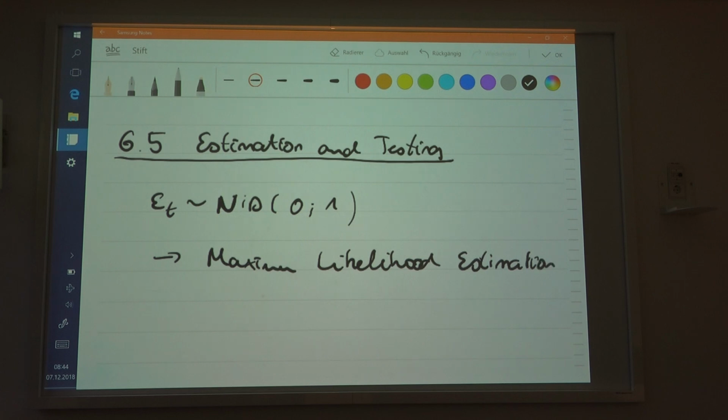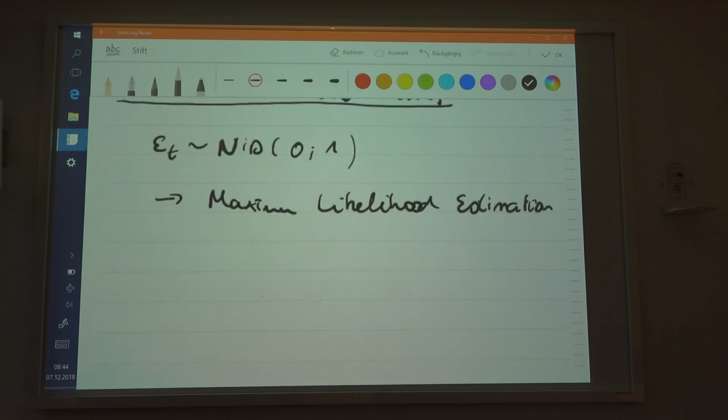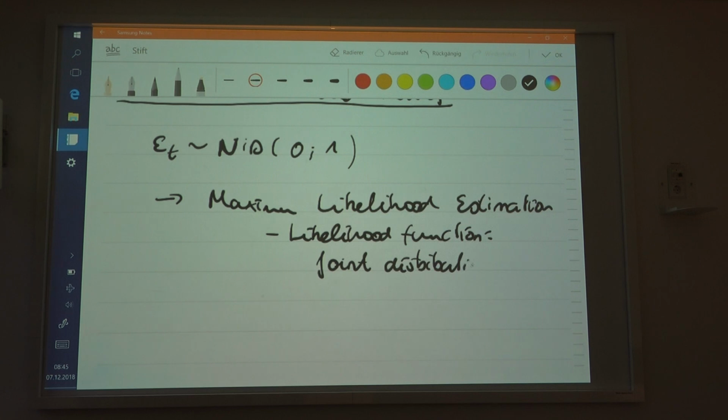Now the maximum likelihood estimation is about maximizing the so-called likelihood function, and the likelihood function is the joint distribution function of the observations.